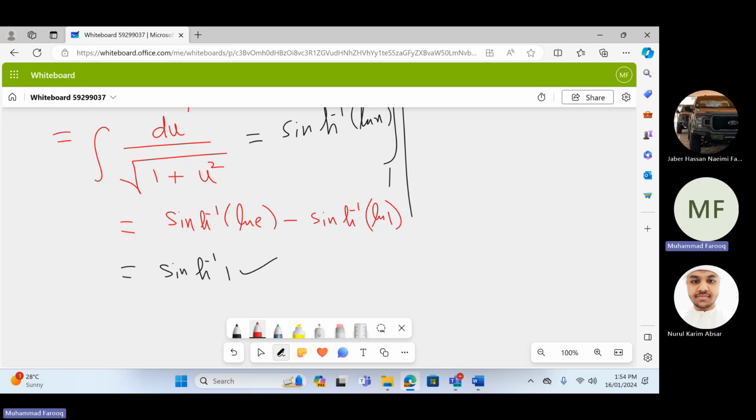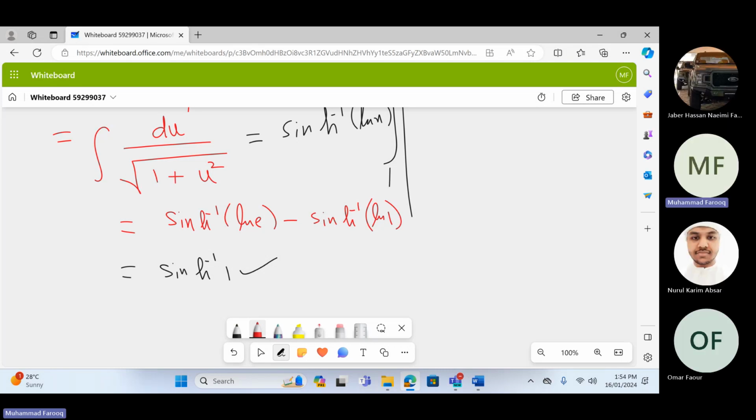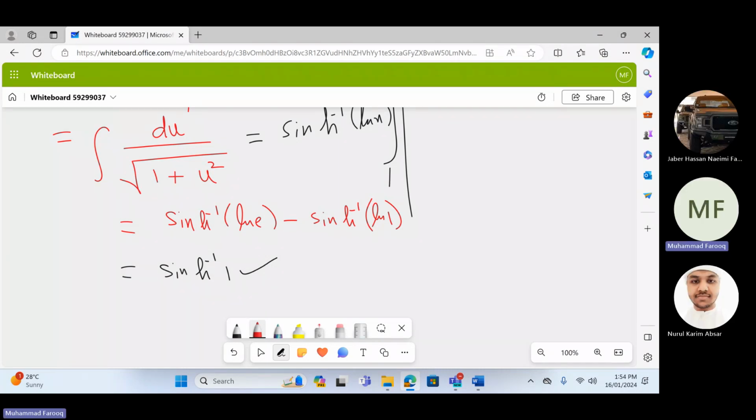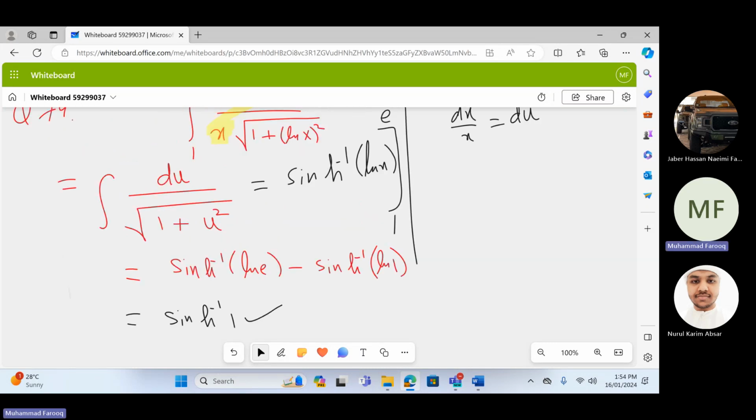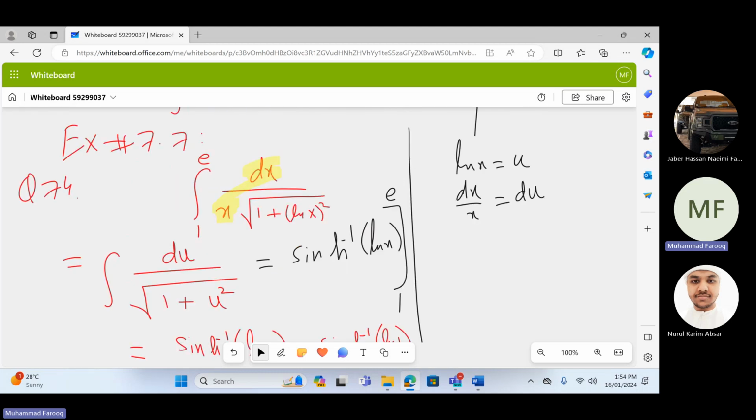Right now it's positive, so it is sine inverse hyperbolic. In the exam, the question comes like that, and you have the formula sheet, you have to check which formula fits in here.